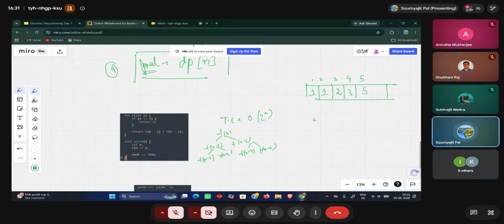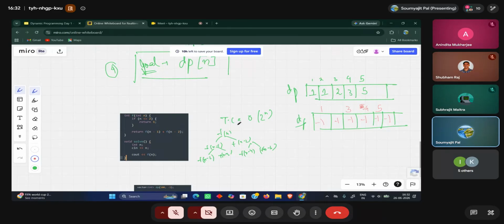In order to check whether a subproblem is solved or not, we can initialize my whole DP array with -1. This -1 acts as a check whether my F of 3 is calculated or not, whether F of 5 has been computed or not.